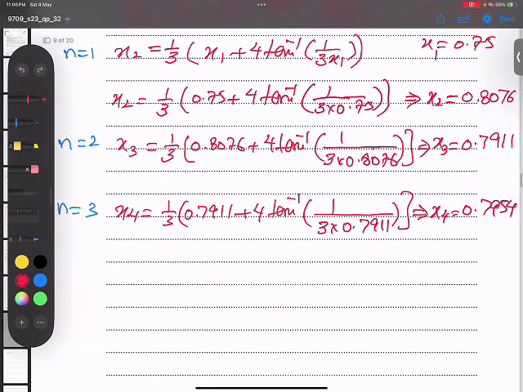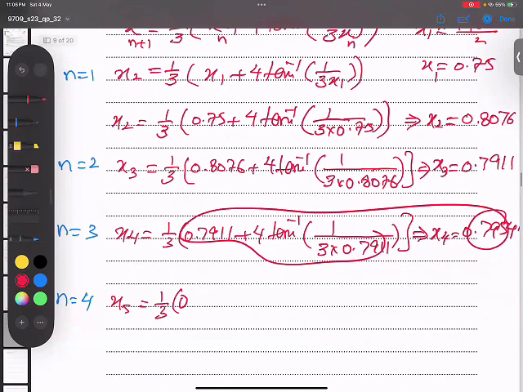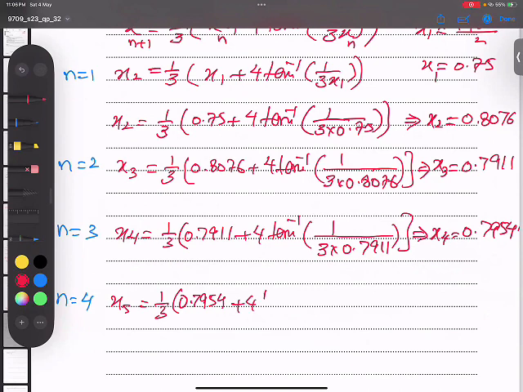And we have to stop because the third digit, I'm not sure. Okay, so it can cross. If it crosses, then it becomes 0.80. So we have to be careful. One more attempt at least, or maybe 2 attempts. So this value will come here and here once again. So 0.7954 plus 4 times tan inverse and 1 over 3 times 0.7954.